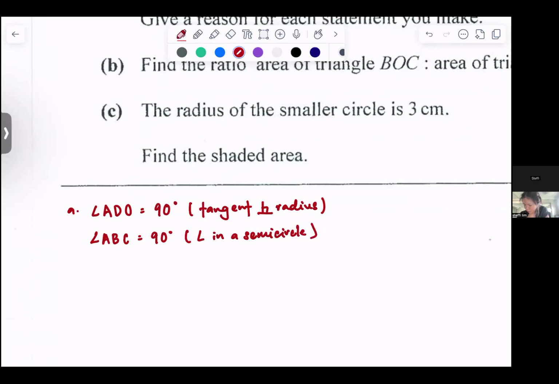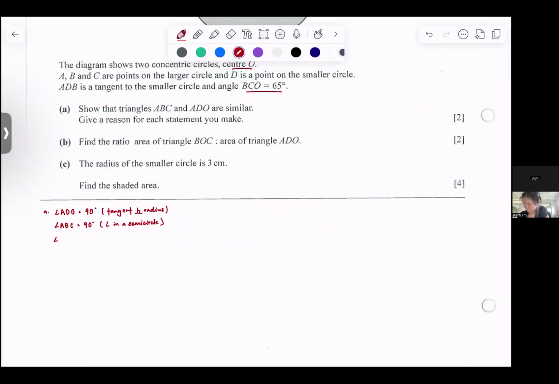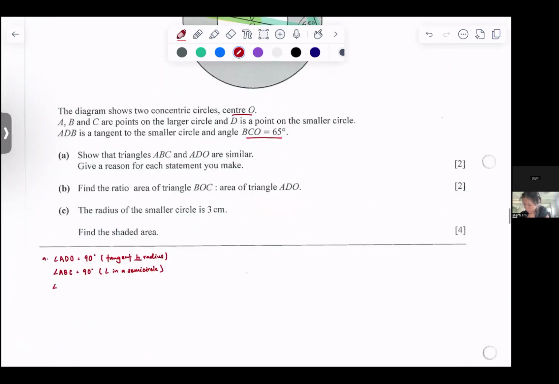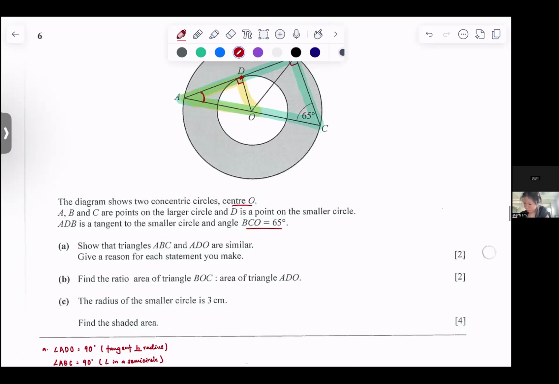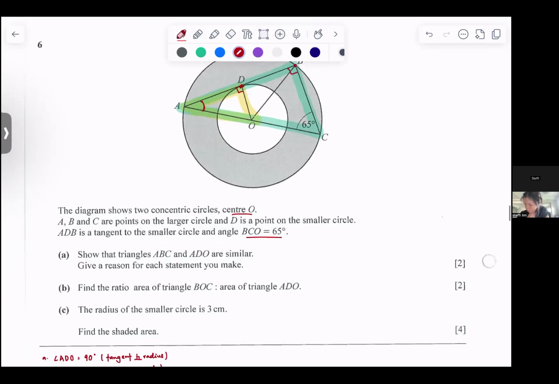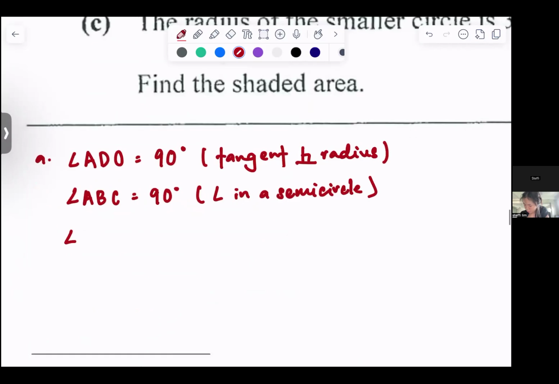And you know that the common angle, DAO and BAC, angle DAO equals angle BAC. This is a common angle.